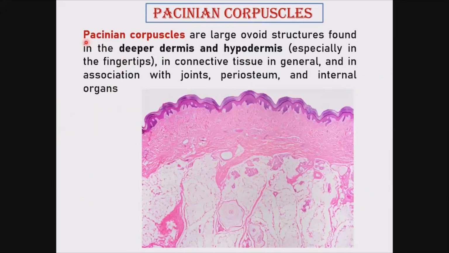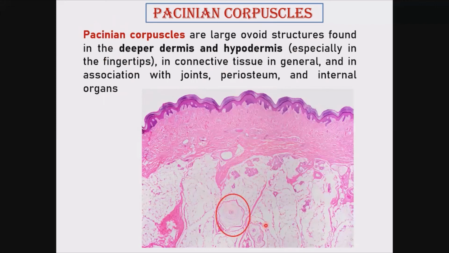Next, coming to Pacinian corpuscles. Pacinian and Meissner's corpuscles, where they are present, you should know. So Pacinian corpuscles, as we can make out here, this is dermis. This part is called the dermis. In the lower part of the dermis, large ovoid structures are found in deeper dermis and hypodermis, especially in the fingertips, in connective tissue in general, and in association with joints, periosteum, and internal organs, because it is related with pressure.